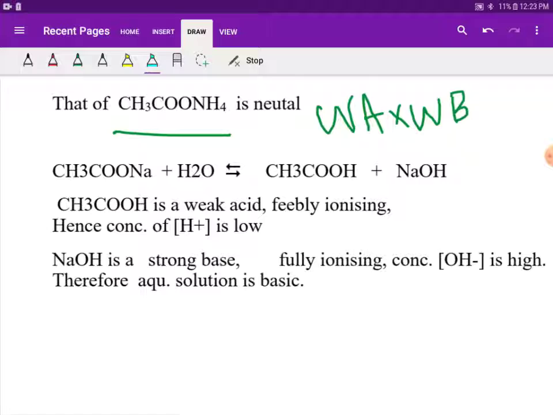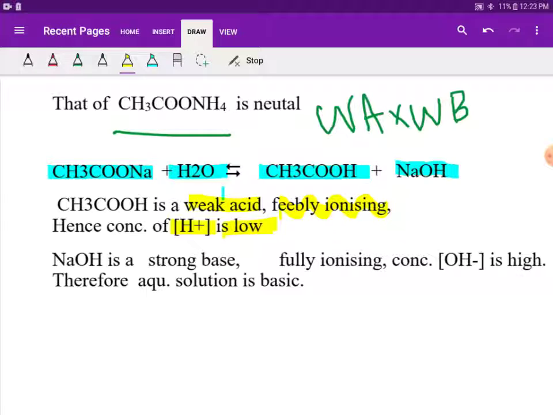Sodium acetate, when dissolved in water, interacts with it, forming a weak acid, acetic acid, and a strong base, NaOH. Acetic acid is a weak acid and is feebly ionizing, and hence the concentration of H plus ion is low in the solution.